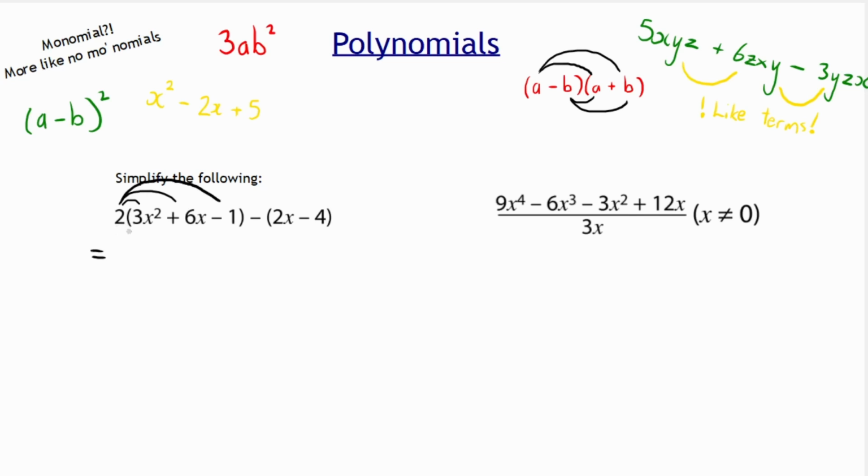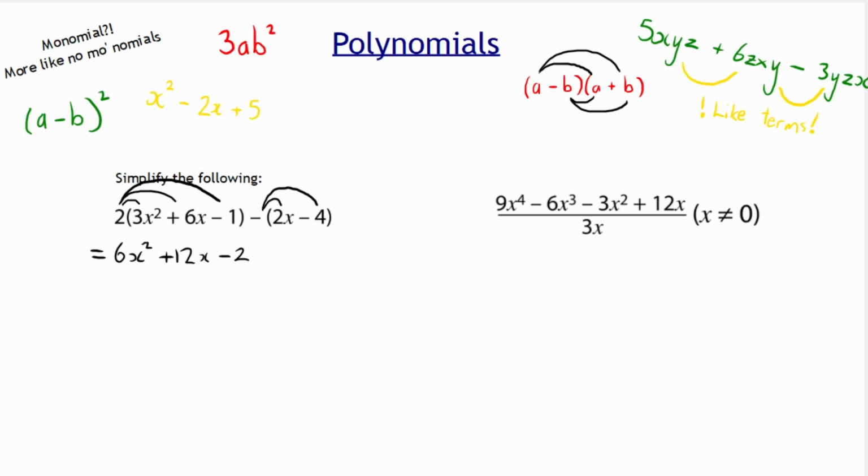And so 2 multiplied by 3x squared is 6x squared. And 2 multiplied by positive 6x is positive 12x. And 2 multiplied by negative 1 is negative 2. But hold on, when we get to this next bracket, watch out, because when we have to multiply in, what are we multiplying in?